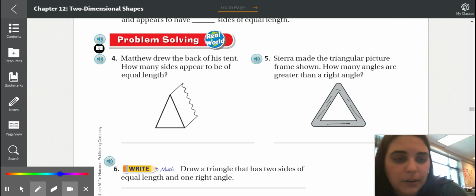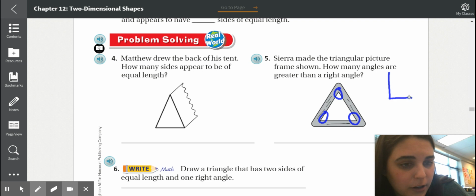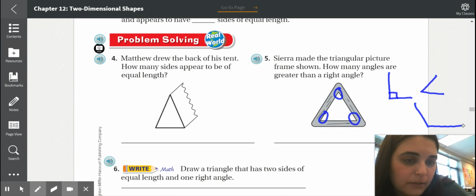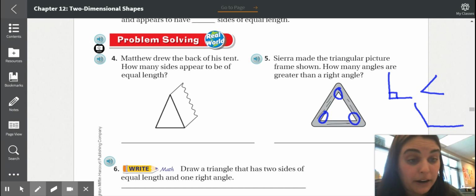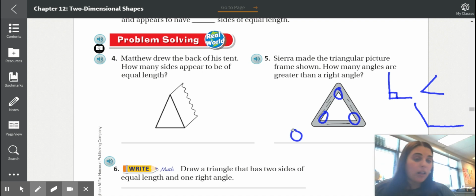Let's circle the angles. Here's one, and here's one. Are any of those, there's our right angle, less than, greater than? Does it have any angles that are greater than a right angle? Or I'm sorry, no, it doesn't, right? So we would say 0. All of those are less than.